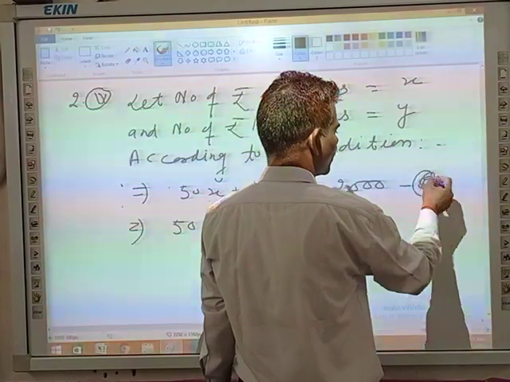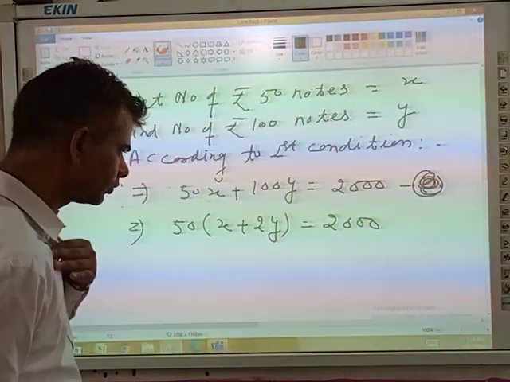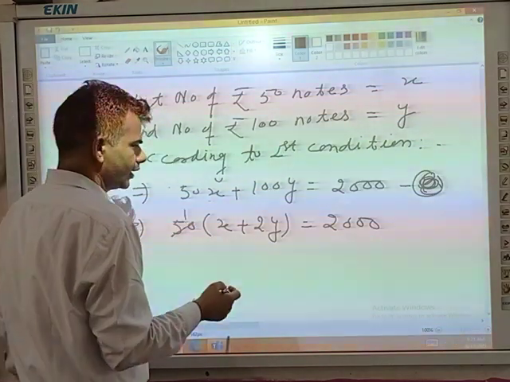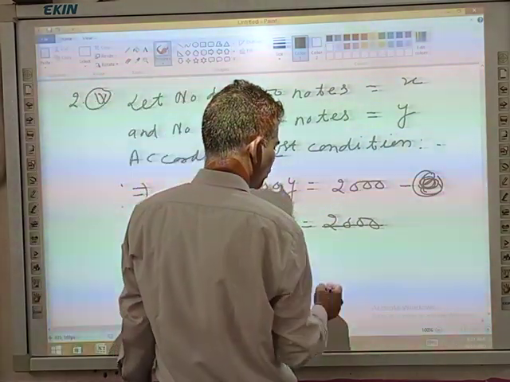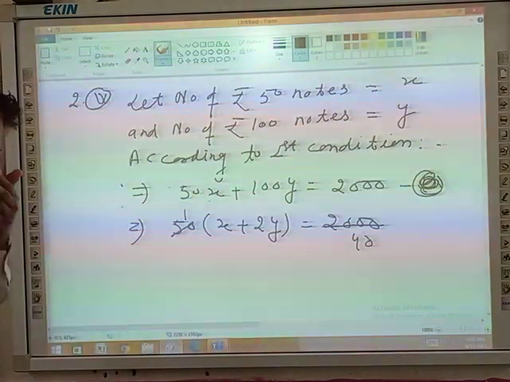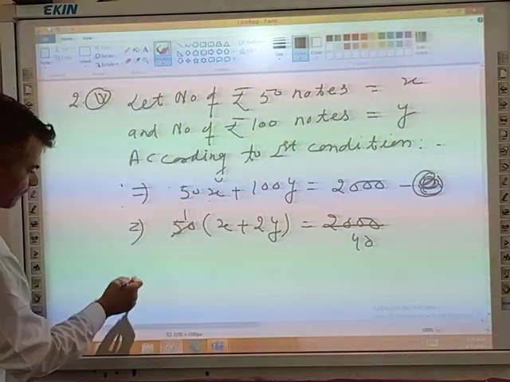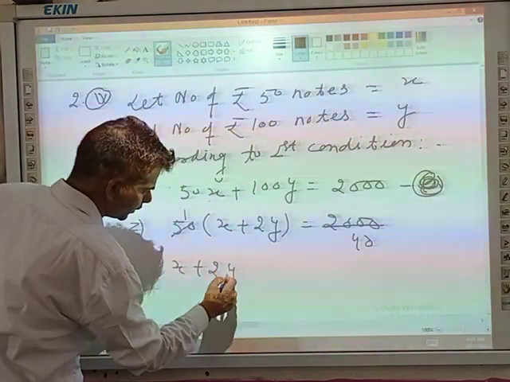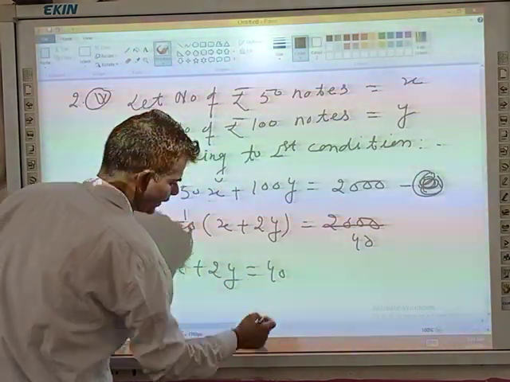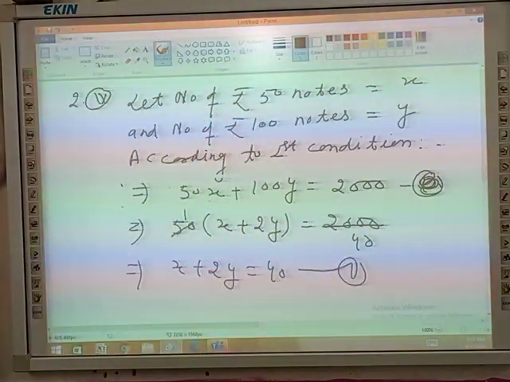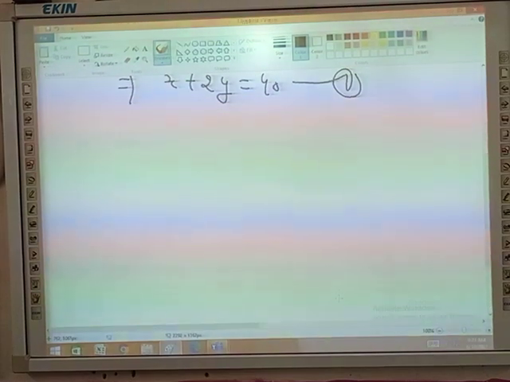Now 2000 divided by 50 is 40. Now student, x plus 2y is equal to 40. This is your first equation.